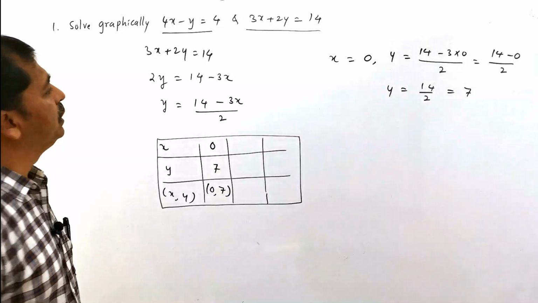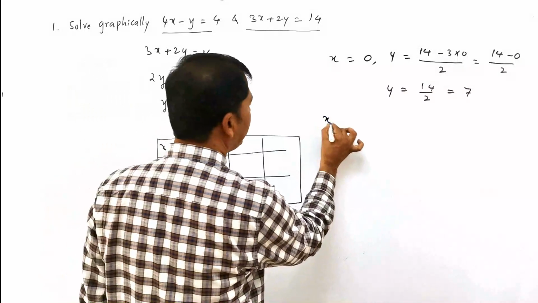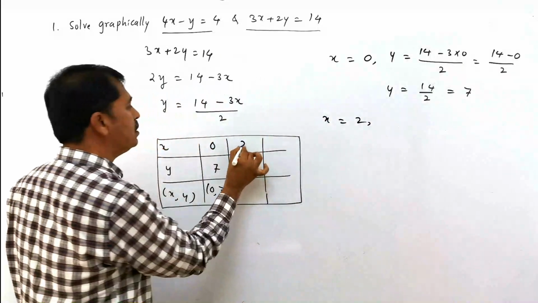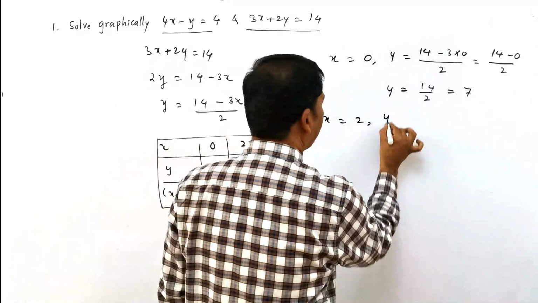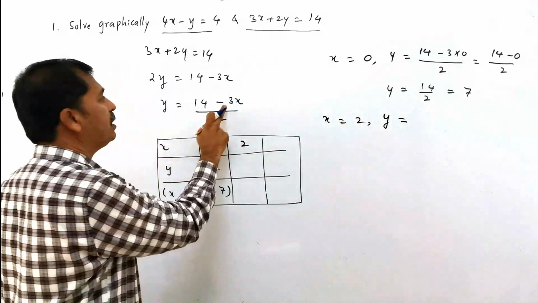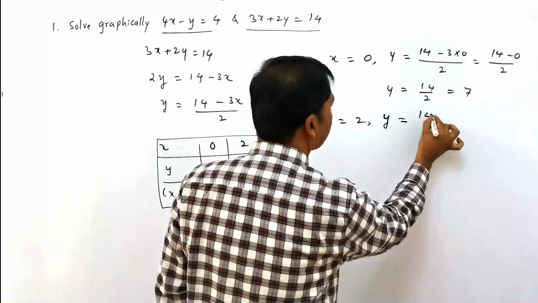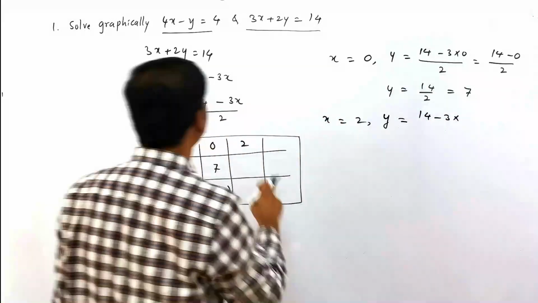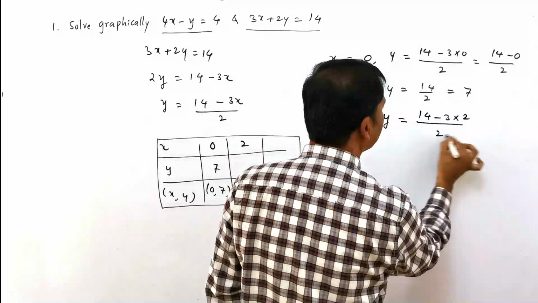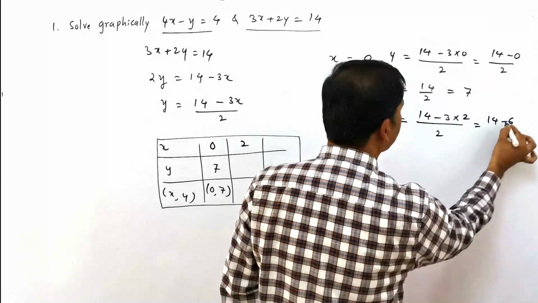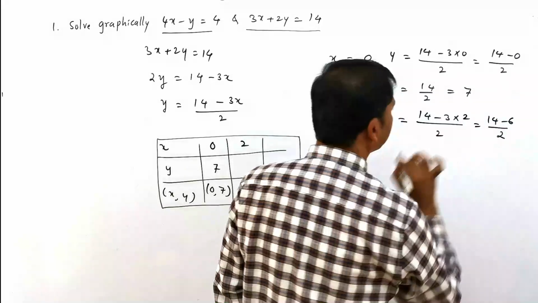Now I would like to take 2 here. When you take x is equal to 2, what is the value of y? So y can be obtained from this expression itself: 14 minus 3 into 2 divided by 2. So this is 14 minus 6 divided by 2.